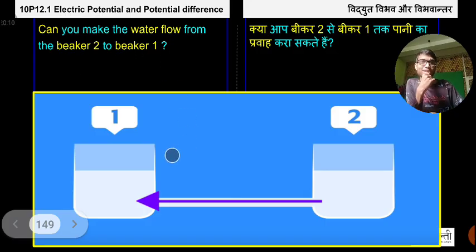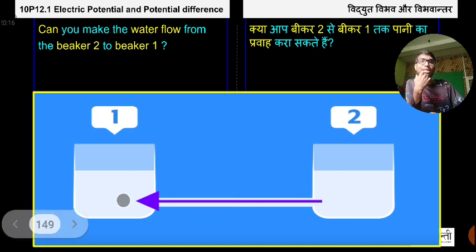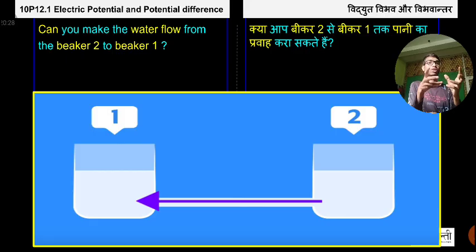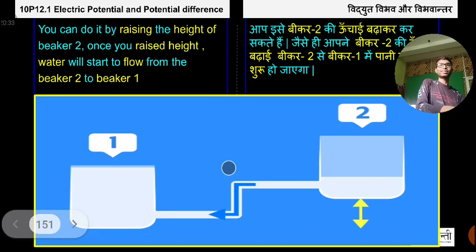Yes, we can. In this one the amount of water should be more, and in this one it should be less. Then water will flow from this into this, and it will stop flowing when the level of water in both becomes equal.